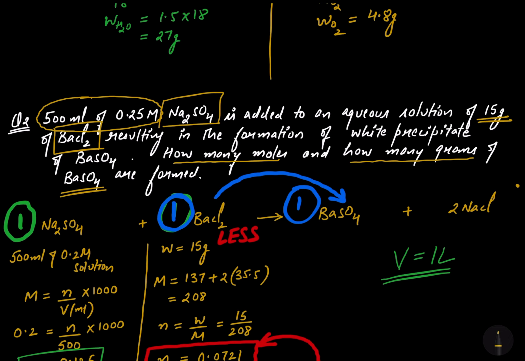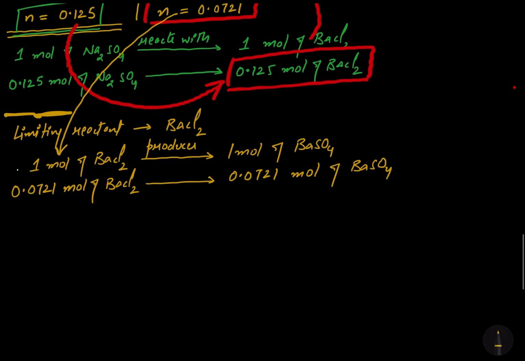My number of moles comes out to be 0.0721. Now I have to evaluate its weight. The number of moles of barium sulfate produced will be 0.0721. Now number of moles is given by weight W divided by molecular weight, which comes out to be 0.0721.